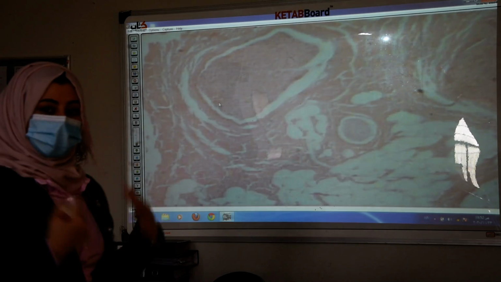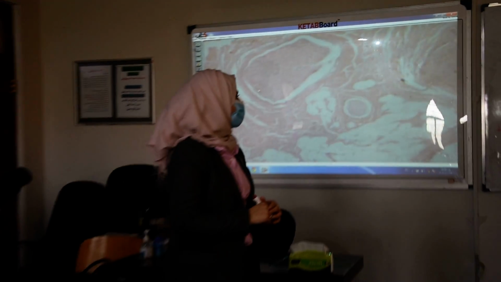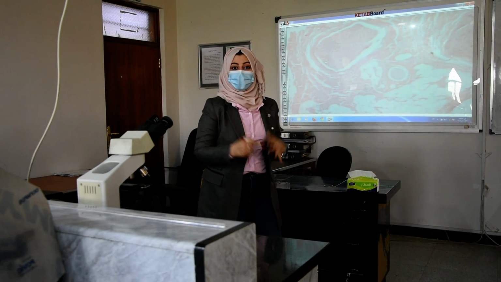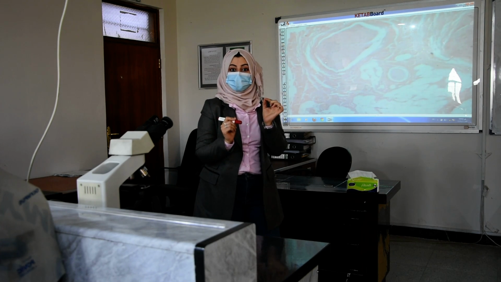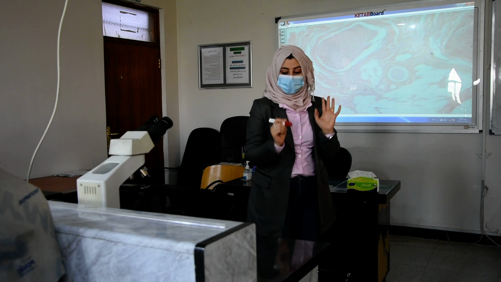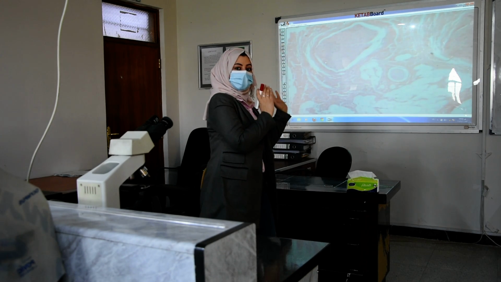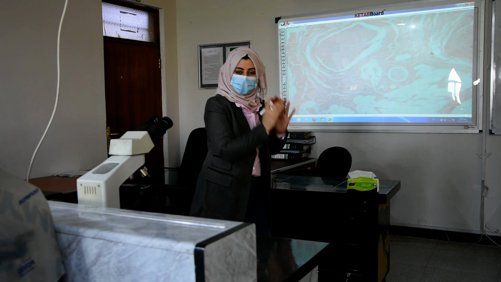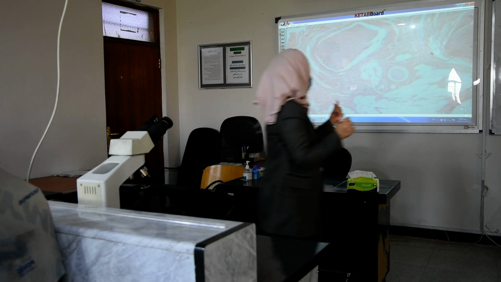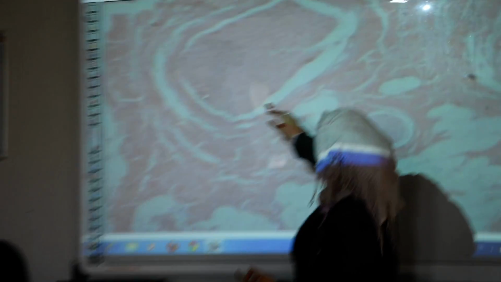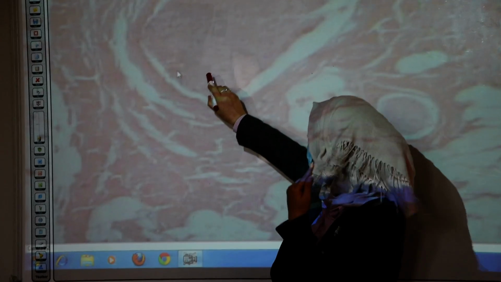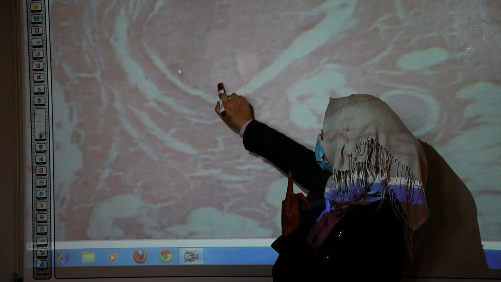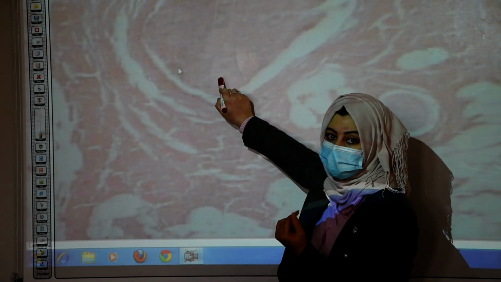From the innermost, we come to the endoneurium. The endoneurium surrounds the individual axon or nerve fiber. So epineurium, perineurium, endoneurium. The fascicle is an aggregation of axons, and each individual axon or nerve fiber is surrounded by endoneurium.